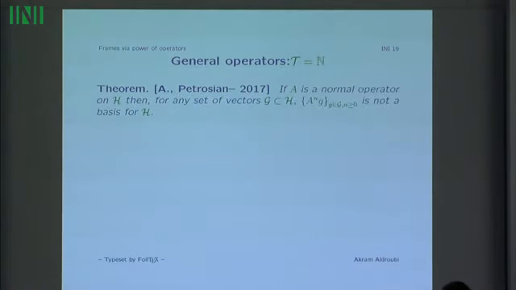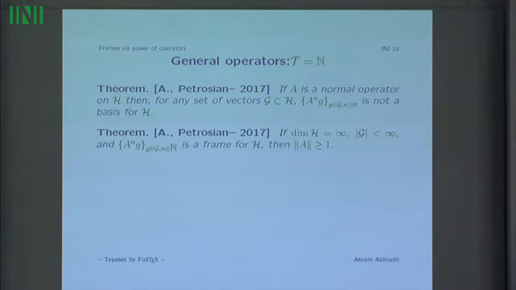But if A is normal, then you can also show that no matter what your set G in H is, this system is never a basis for H. So you cannot get a basis of H for a normal operator if you take positive powers. Essentially, you always get some sort of linear dependence if you are a normal operator.